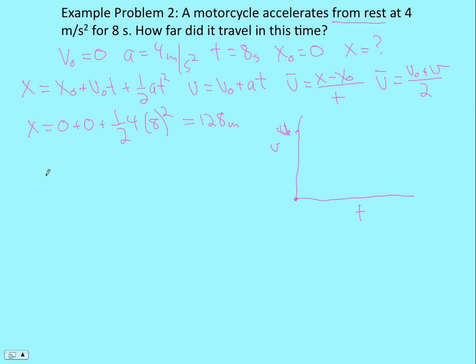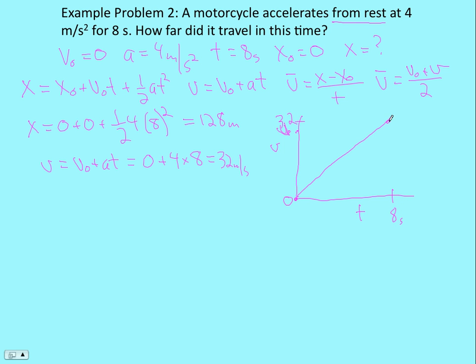And so v is v0 plus at, so that is 0 plus 4 times 8, and so I'm going 32 meters per second.